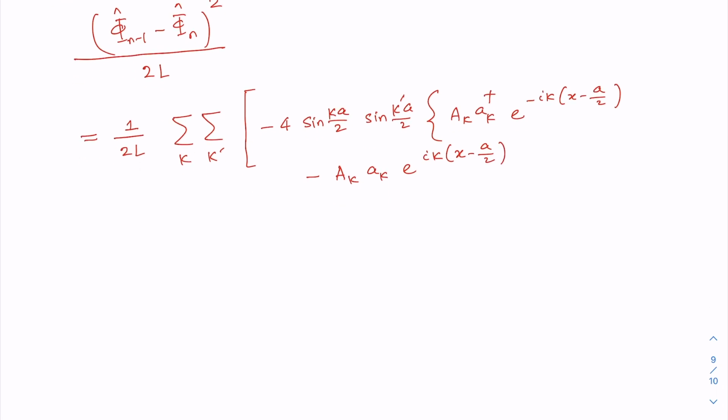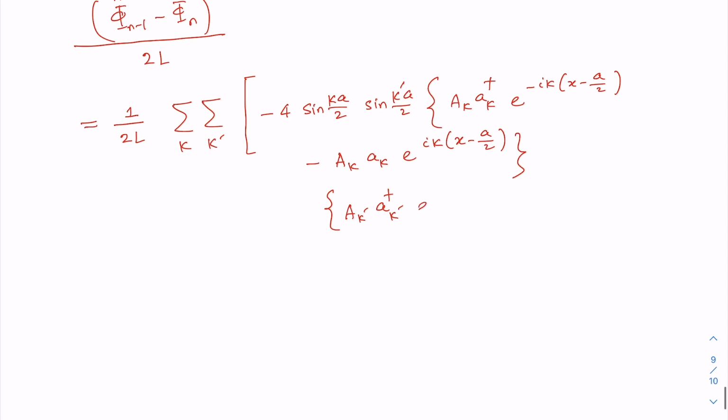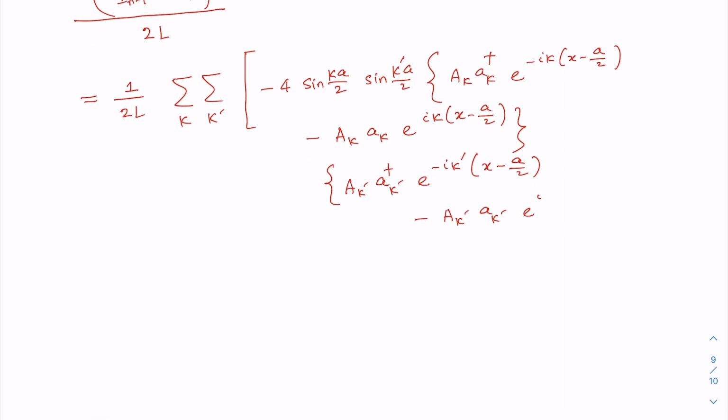Okay, this is one term, and you have to multiply it with ak dash dagger e to the power minus I k dash x minus a by 2 minus ak dash e to the power I k dash x minus a by 2. Okay, this is basically algebra.